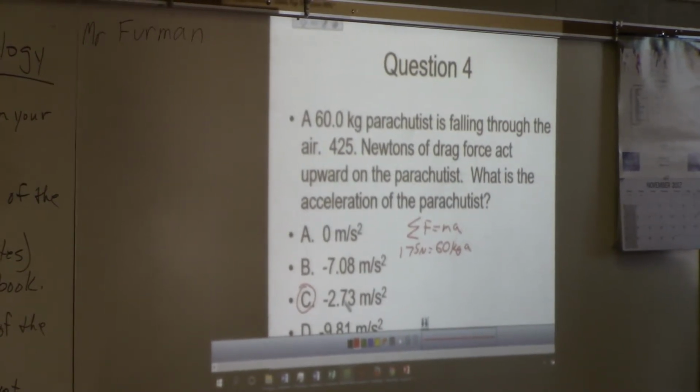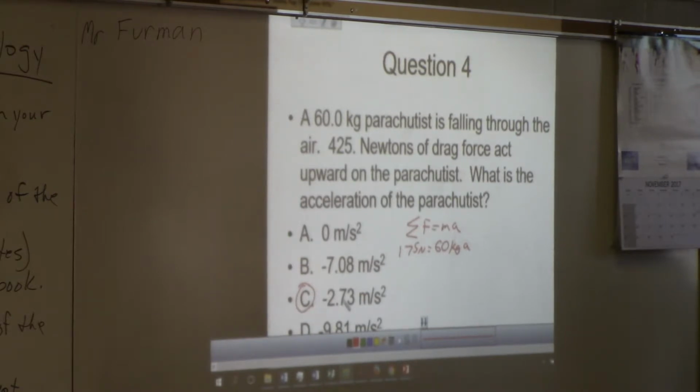So if you were to answer negative 2.73 meters per second squared, or in the downward direction, either of those would be a clear indication that you need the direction for the acceleration.